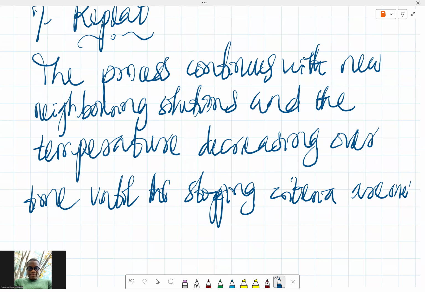The stopping criteria could be the number of iterations or any other condition.